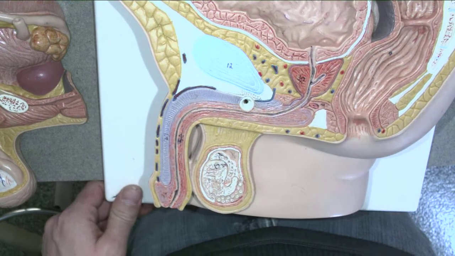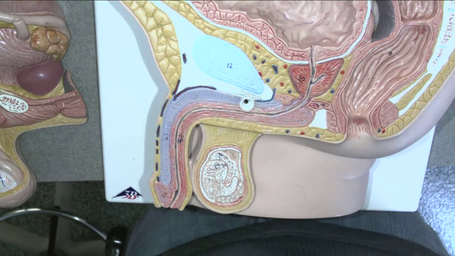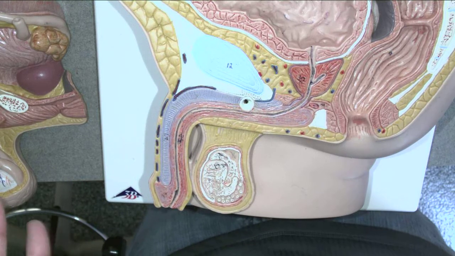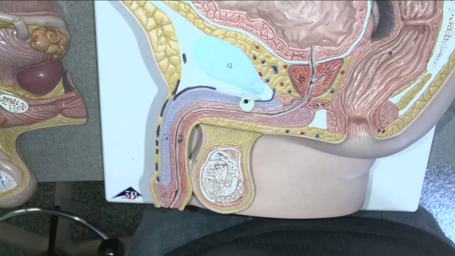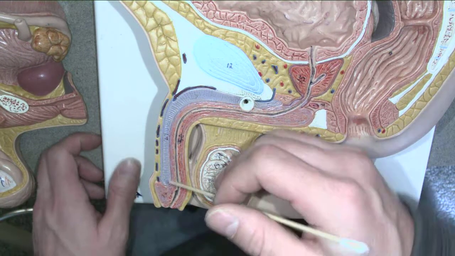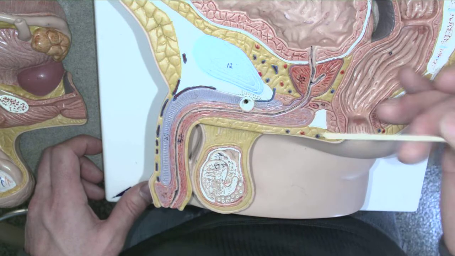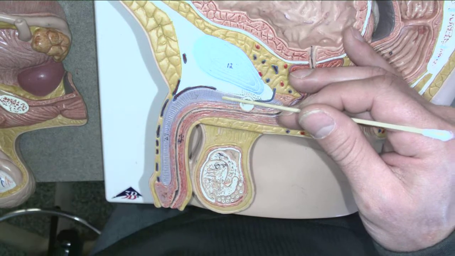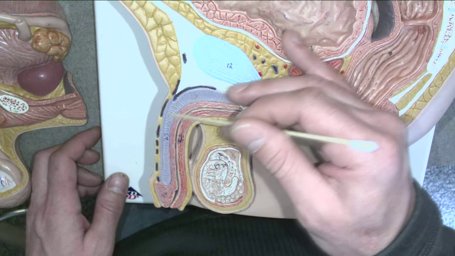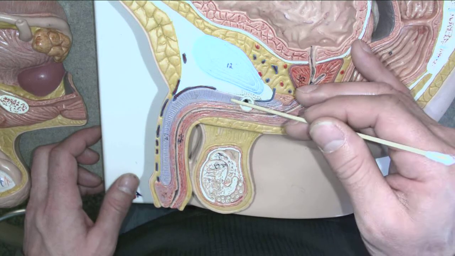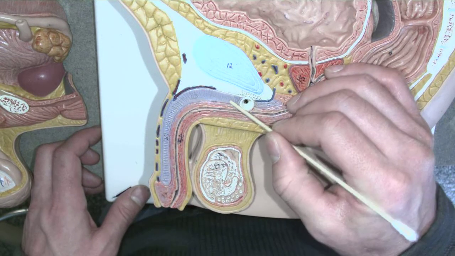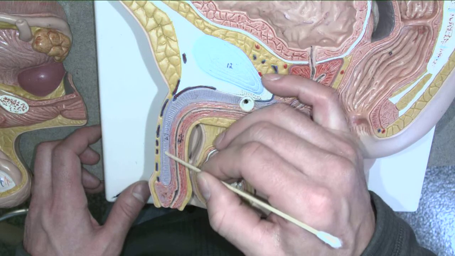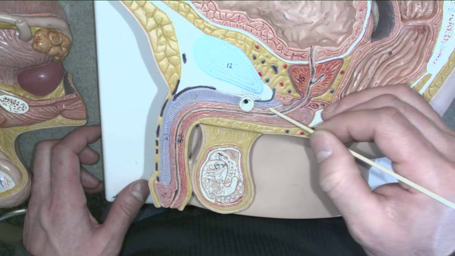It has this, lightly colored blue, the corpus cavernosum. And then the rest of this, you see here, actually surrounds the urethra, as indicated by this tract going all the way through. So this is the corpus spongiosum.